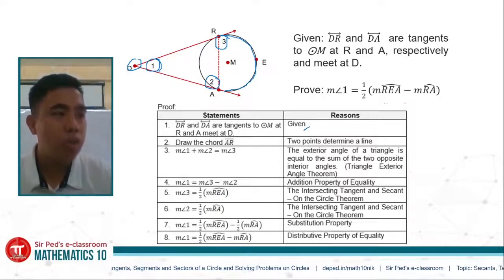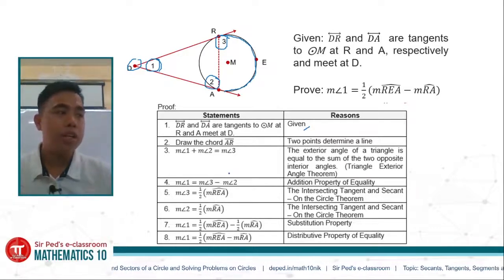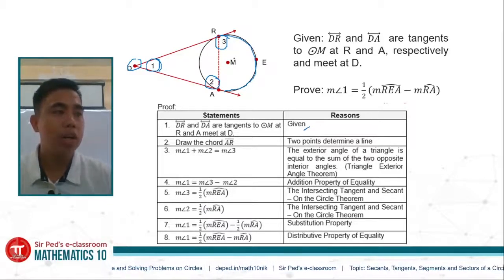Now angle 2, the same reason, we're going to use the intersecting tangent and secants on the circle theorem. So angle 2 is equal to 1/2 the measure of arc RA.